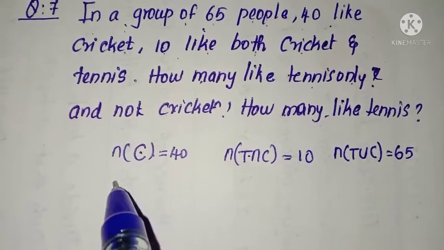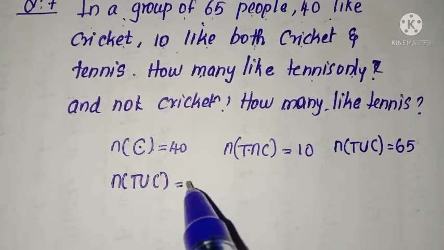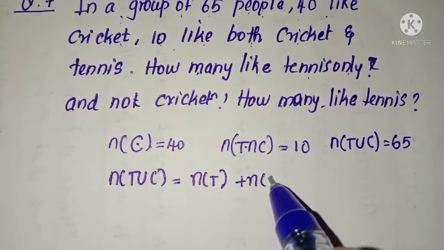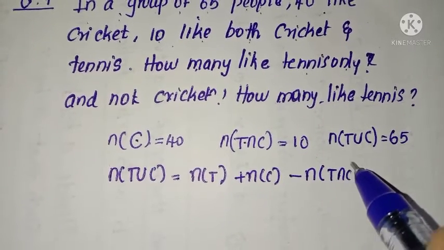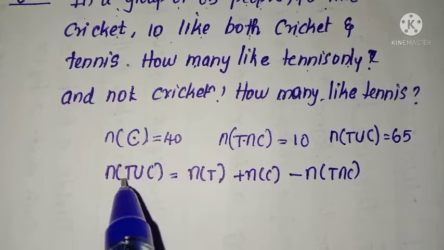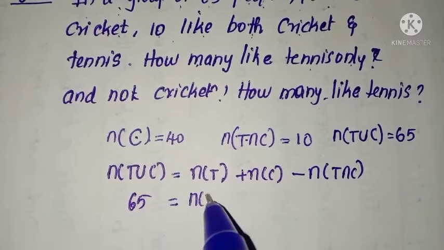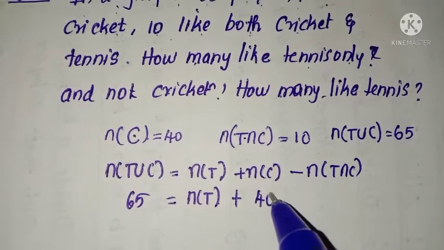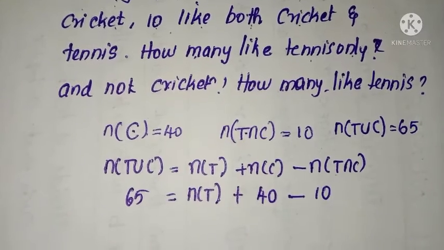Now use the cardinality theorem. n of T union C equals n of T plus n of C minus n of T intersection C. Here n of T union C is 65, n of T is the unknown quantity, n of C is 40, n of T intersection C is 10.